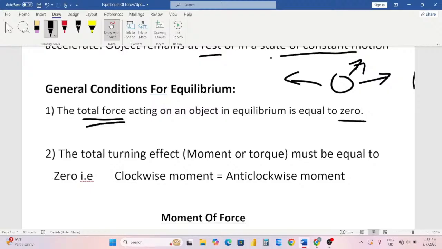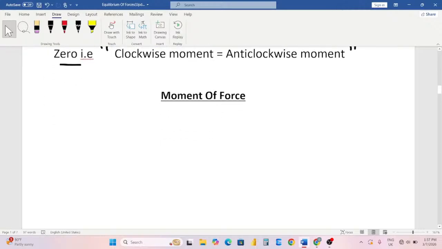Then the second general condition is that the total turning effect, which will be discussed shortly, must be equal to 0. So the implication of it is that clockwise moment equals anti-clockwise moment. So to understand this second condition properly, what is the moment of force?